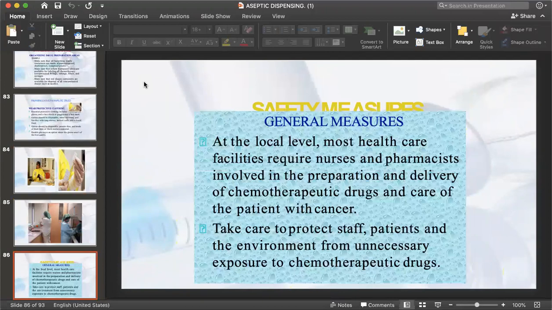Now, general measures at the local level: most healthcare facilities require nurses and pharmacists involved in the preparation and delivery of chemotherapy drugs and care of the patient with cancer to take care to protect staff, patients, and the environment from unnecessary exposure to chemotherapeutic drugs.